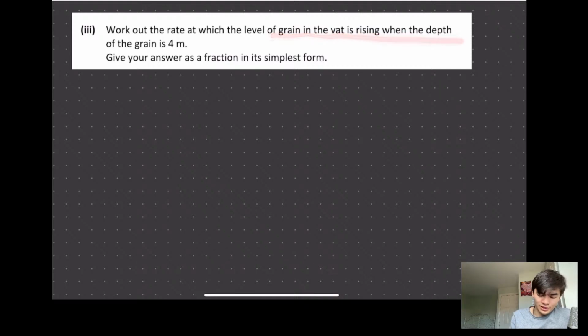The grain is rising, so the volume is going to change. And whenever you see the word rate, you should be thinking something dt. You're always going to do the derivative with respect to time whenever you see the word rate. That's a really useful thing to know, because you can read the question, not be too sure what to do, and you just know it's something dt.